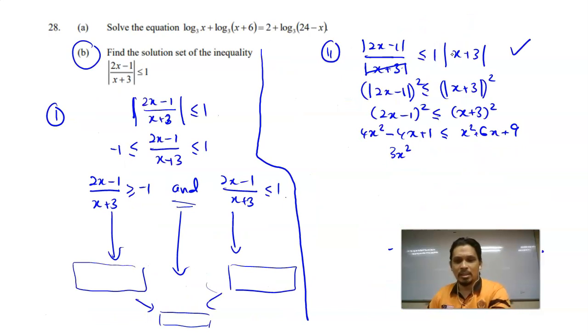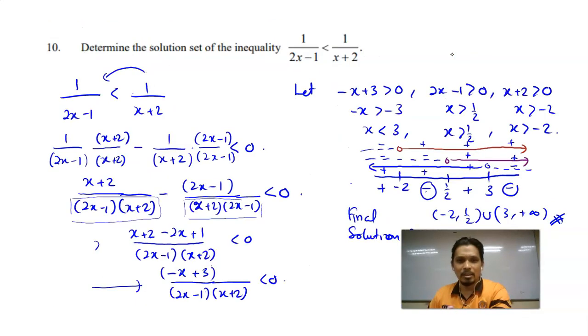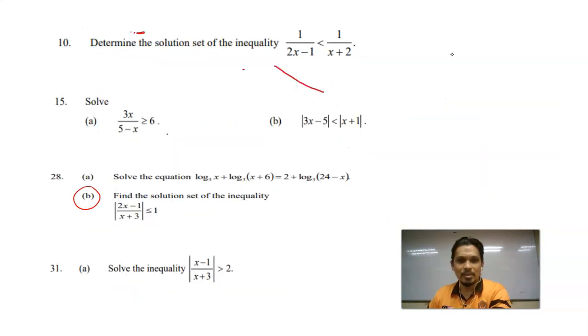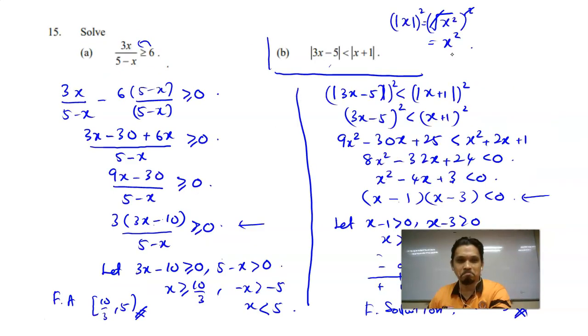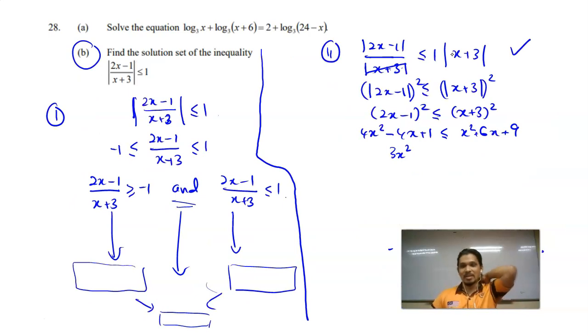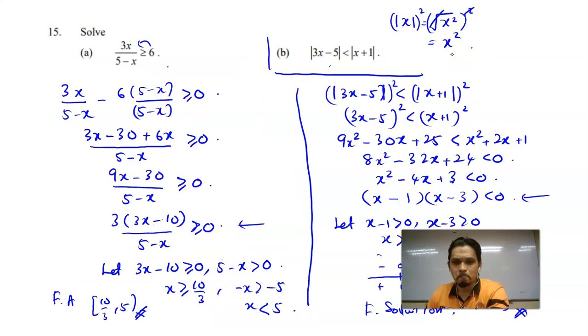Which I think is almost the same as this one here. Nope. Never mind, maybe a mistake. 4x squared minus x squared, bring this x squared to the left side, becomes negative. So 4x squared minus x squared, 3x squared, negative 4x minus 6x, then 1 minus 9, negative 8, less than or equal to 0. So 3x squared minus 10x minus 8.